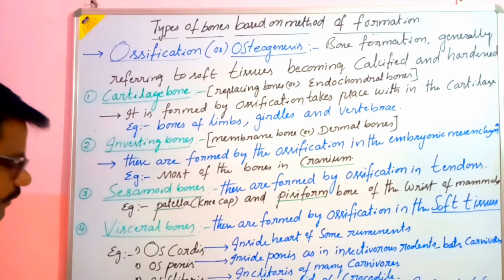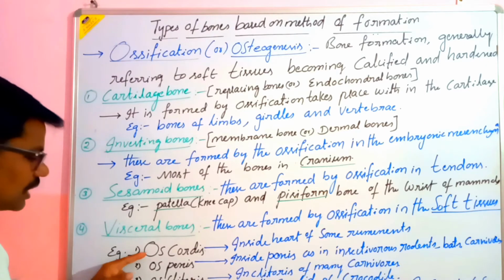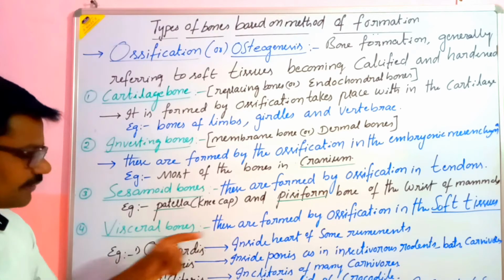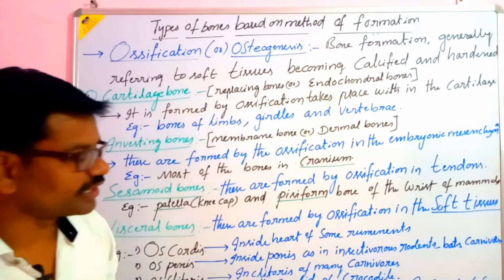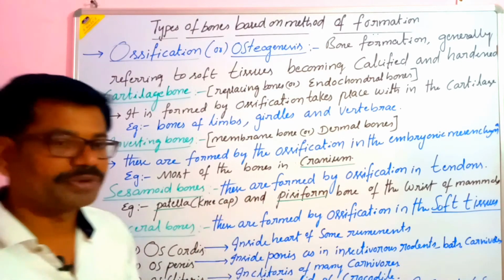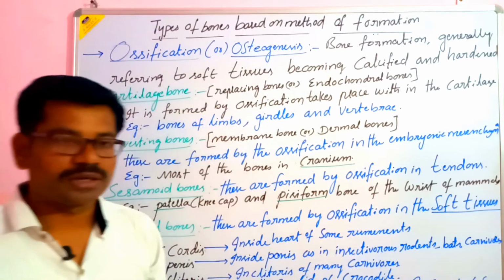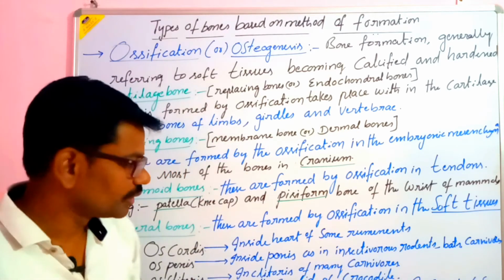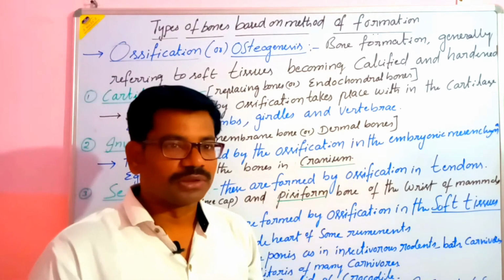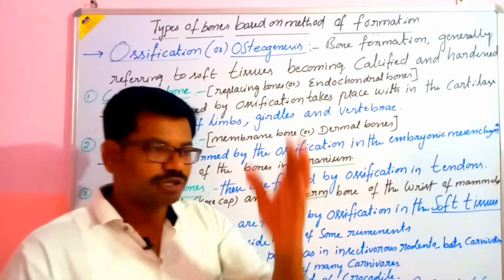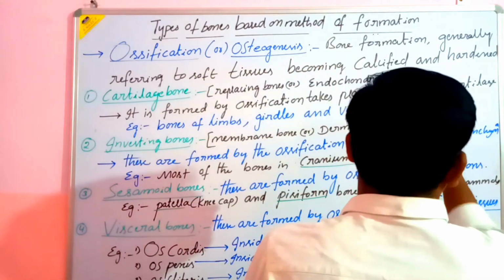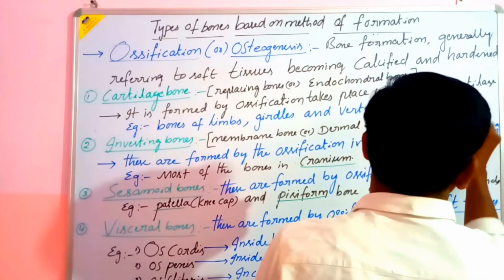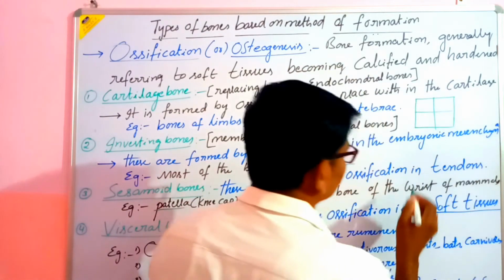There are different types of visceral bones. Examples: os cordis. Cordis refers to the heart. So inside the heart of some ruminants, if you see the picture, you can understand easily. In that heart, generally there are 4 chambers present.